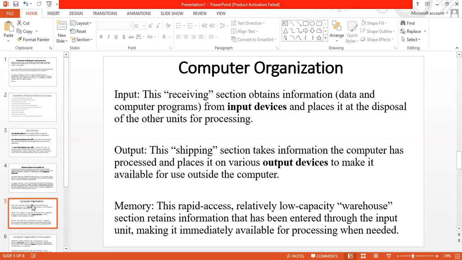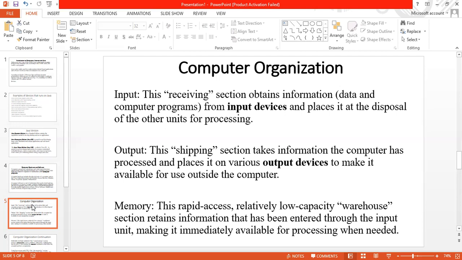Also, in our computer organization, we have what is called output. This is the shipping section. It takes information the computer has processed and places it on various output devices to make it available for use outside the computer. Don't forget the example of preparing our food in the kitchen.